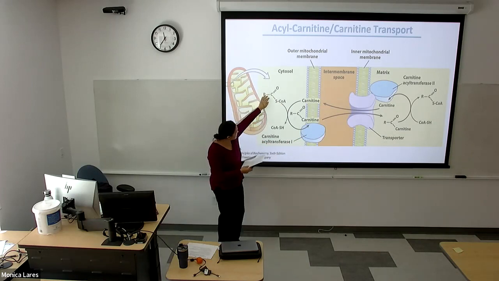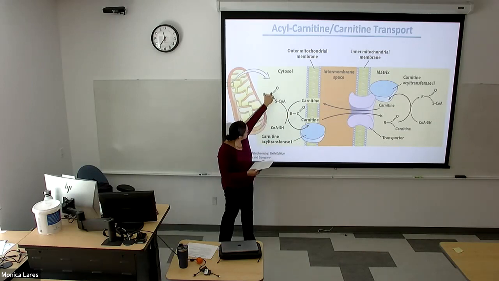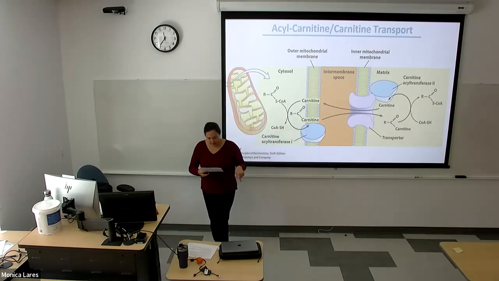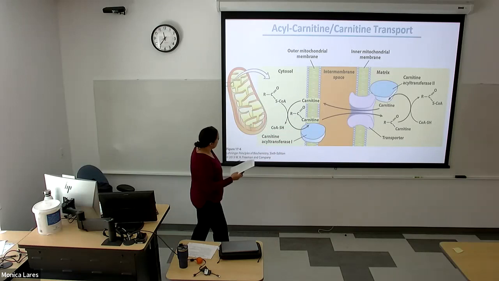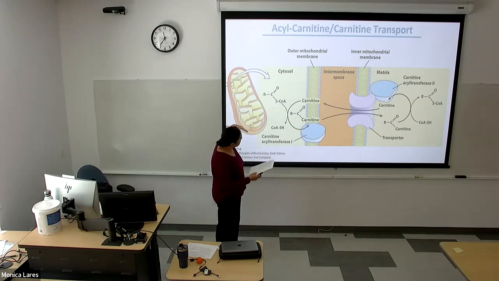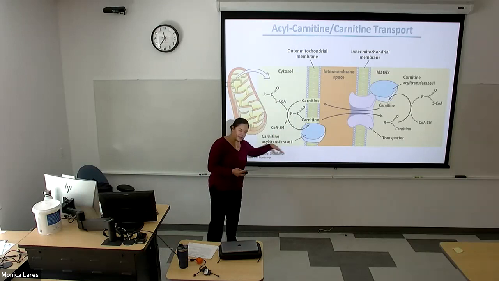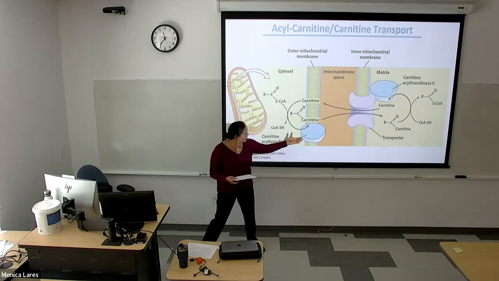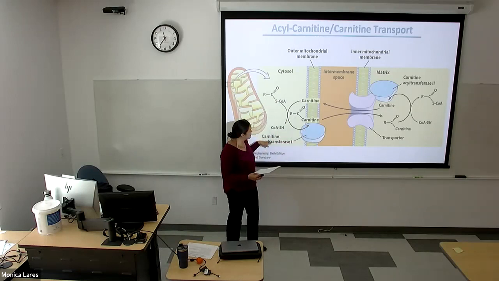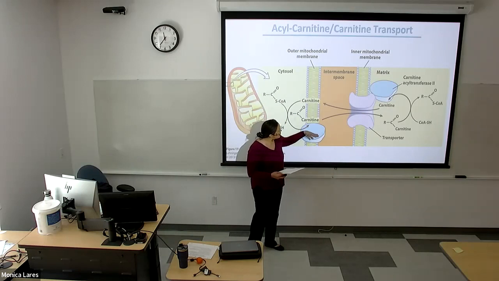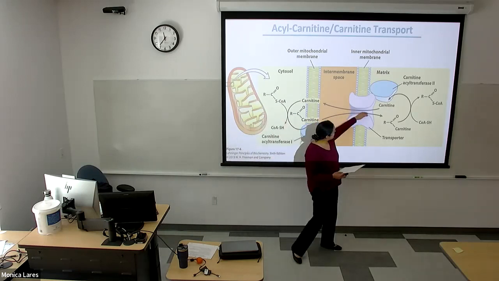The fatty acid is going to get transferred to carnitine. So notice, coenzyme A has been released. Our fatty acid is now attached to carnitine. That's happening in the cytosol. And it gets carried through the outer mitochondrial membrane by this carnitine acetyltransferase 1, a membrane protein that allows for transport into the matrix.